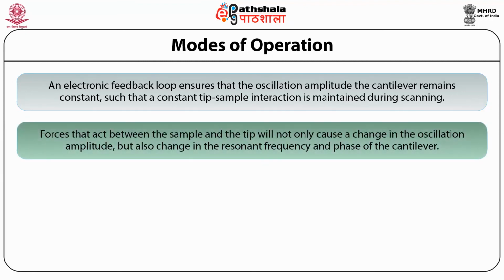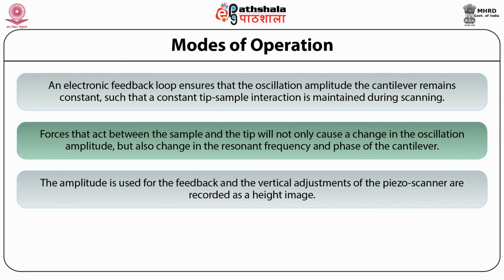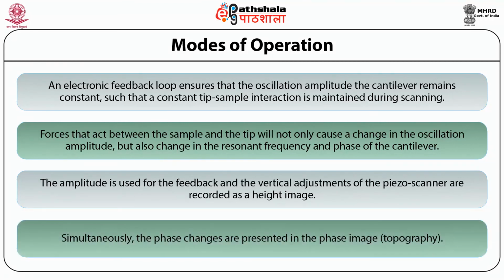Forces that act between the tip and the sample will not only cause a change in the oscillation amplitude, but also a change in the resonant frequency and the phase of the cantilever. The amplitude is used for the feedback, and the vertical adjustment of the piezo scanner is recorded as the height image. Simultaneously, the phase changes are represented in the phase image.